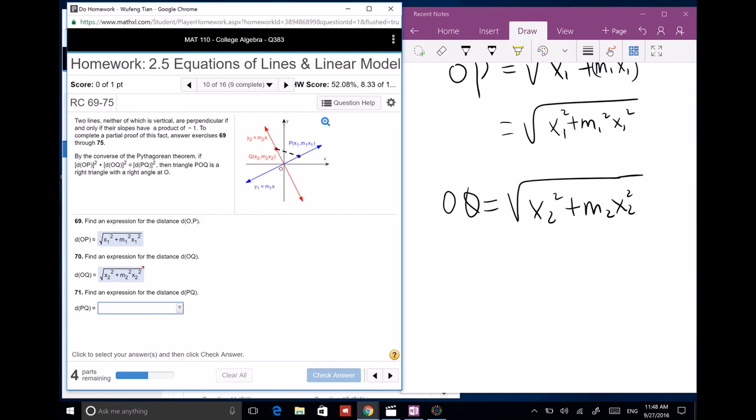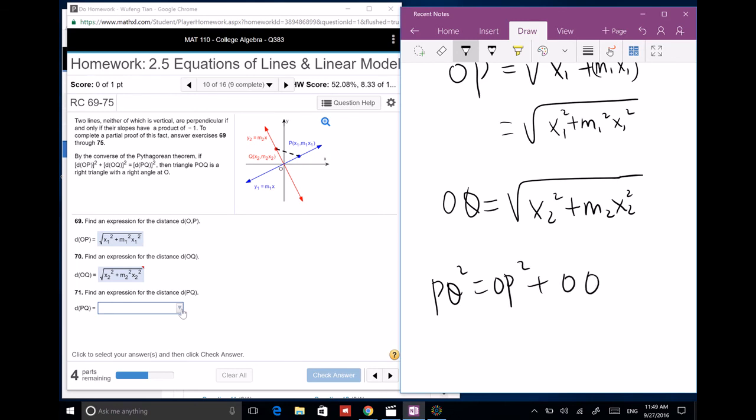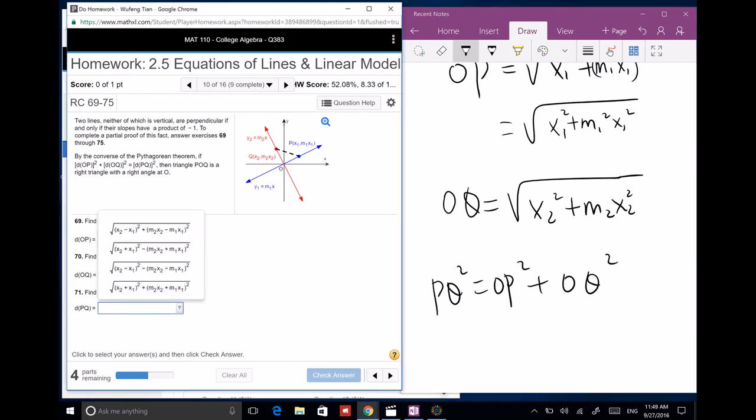Find an expression for PQ. PQ is the hypotenuse of those two, so PQ squared equals OP squared plus OQ squared. Then you take the square root of these two.